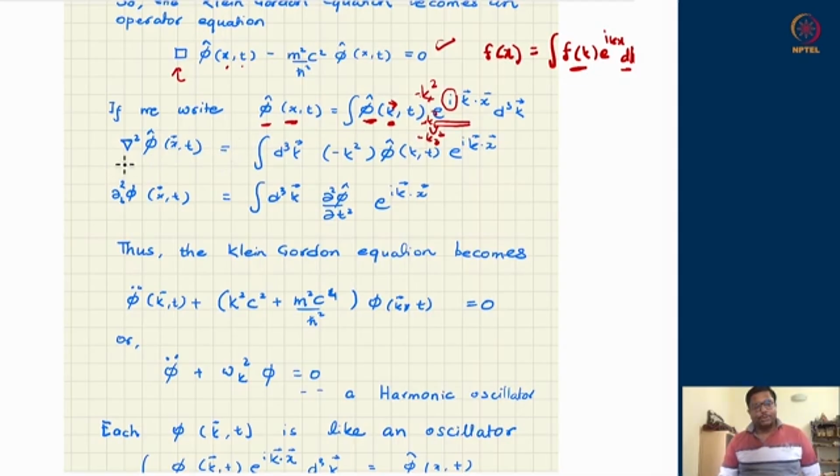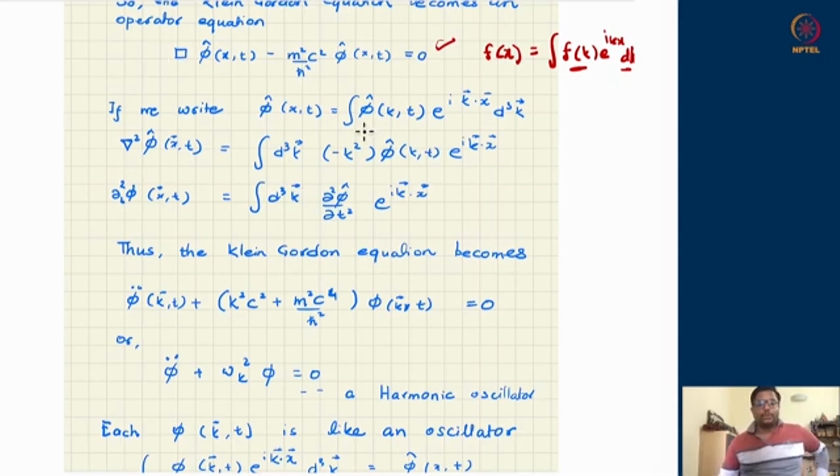And when you add them all together, you will get minus kx square, minus ky square, minus kz square, which is equivalent to minus of the vector k mod square, meaning the magnitude of the vector k square with a negative sign, and the whole function will come back to itself. So under the Laplacian action, only the exponential part is acted upon, and therefore you get a minus k square inside the integral. Similarly, this box operator hides a double derivative with respect to time as well.